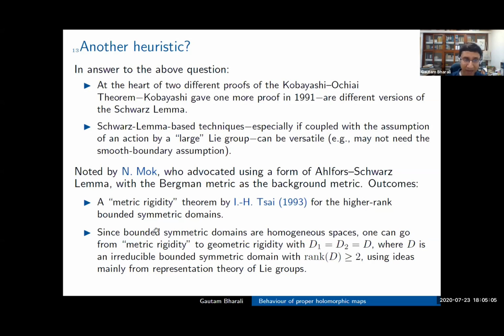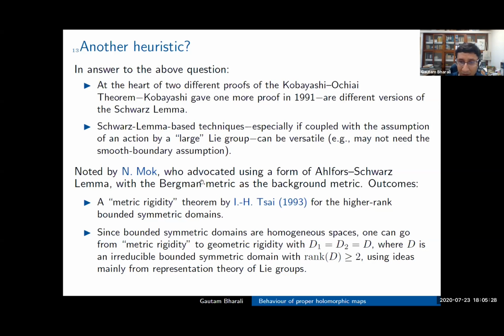The passage from metric rigidity to geometric rigidity uses ideas. Because bounded symmetric domains are homogeneous spaces, the proof of geometric rigidity mainly uses ideas coming from the representation theory of Lie groups.